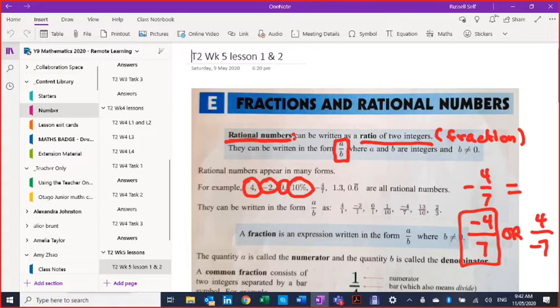Okay? And this one is the one that's the most important to us at this particular moment in time, because we're going to be working with lots of signed numbers. So if you're going to work with a problem and you need the sign in a different spot, you'd move it from in front of the fraction up to the what part? Numerator. The numerator. Good. Now I could put it in the denominator, but the preferred form is in the numerator.